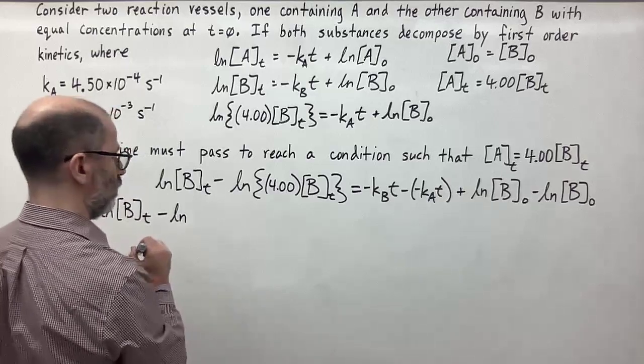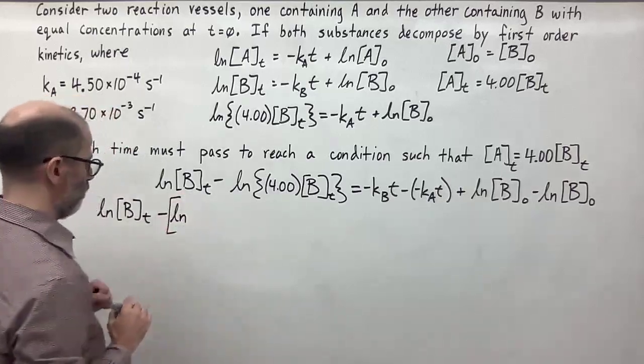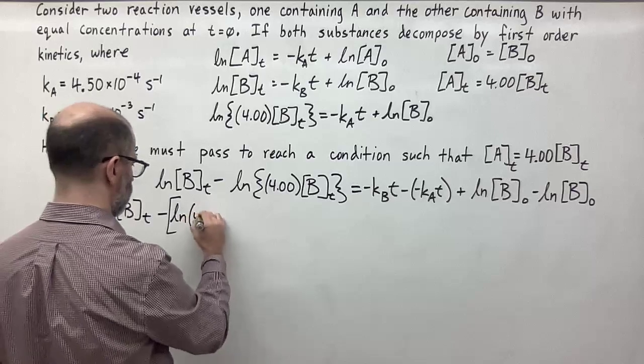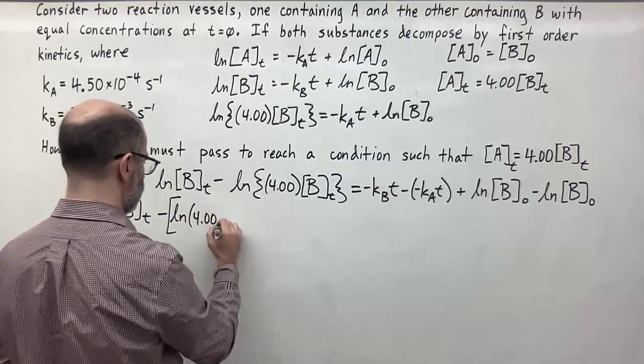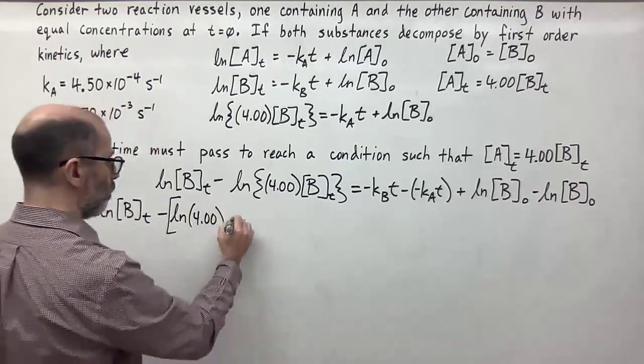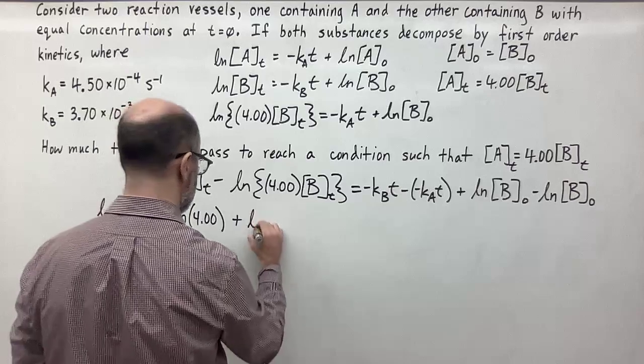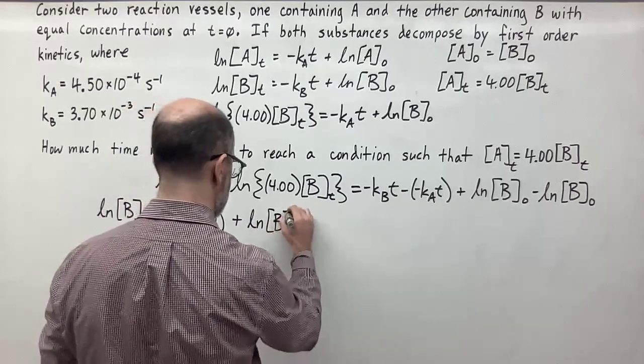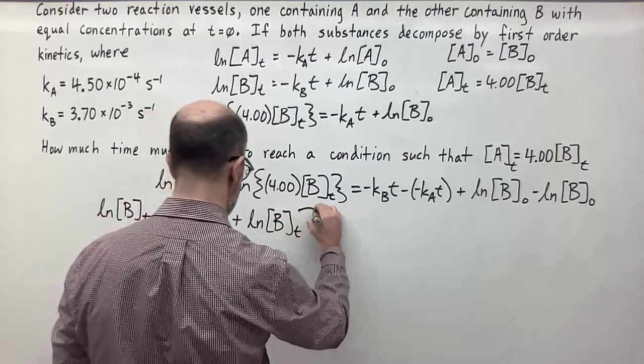Of, let me see here. So I'm going to put brackets around that, minus the natural log of 4.00 plus the natural log of concentration of B at time t.